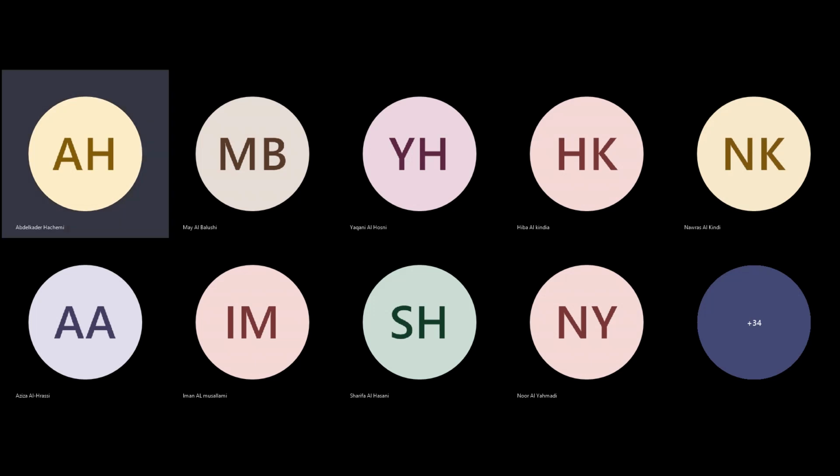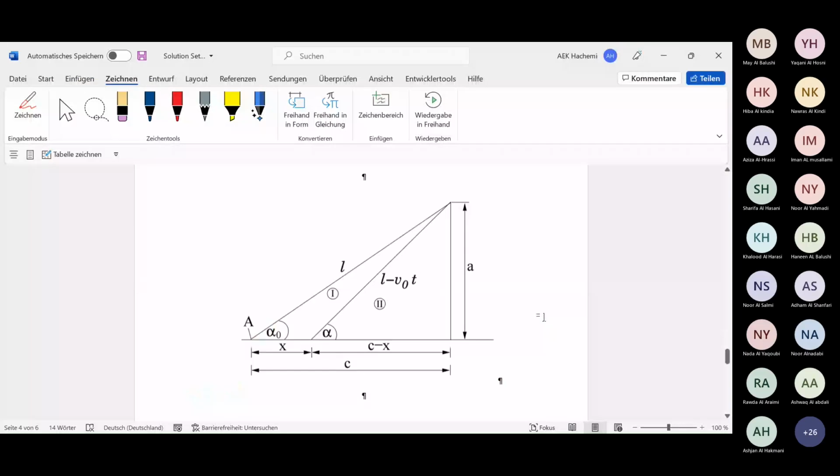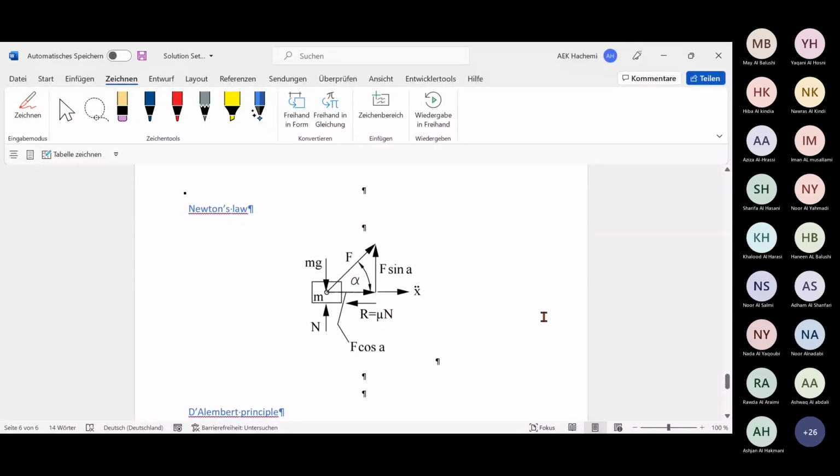Now, coming to the case of representing these forces, we use D'Alembert as well as Newton's law. In Newton's law, we have the mass multiplied by the acceleration. In D'Alembert, the sum of the forces is equal to zero.